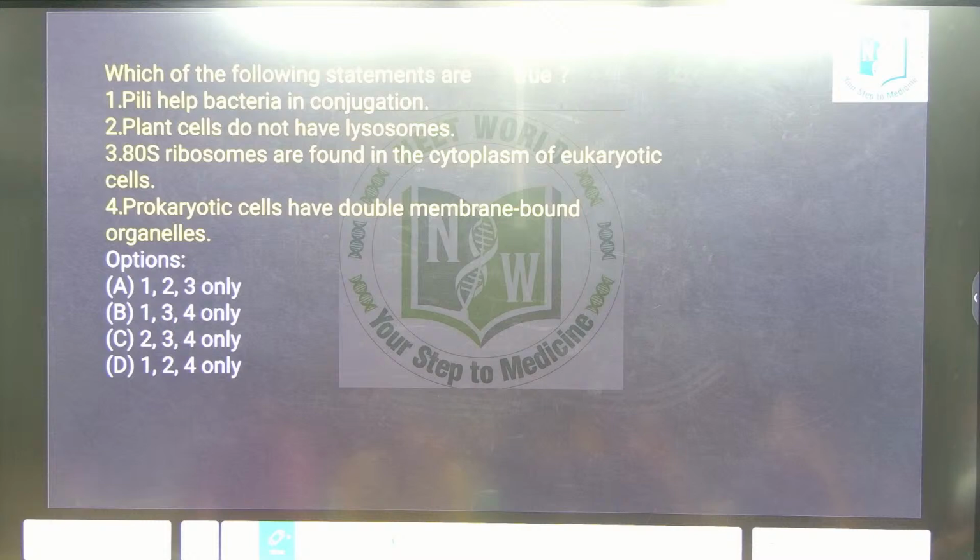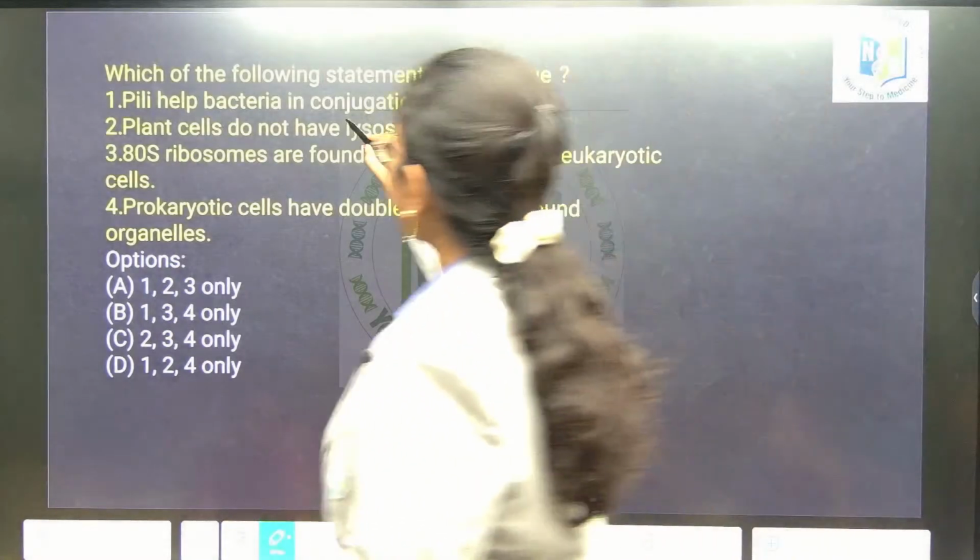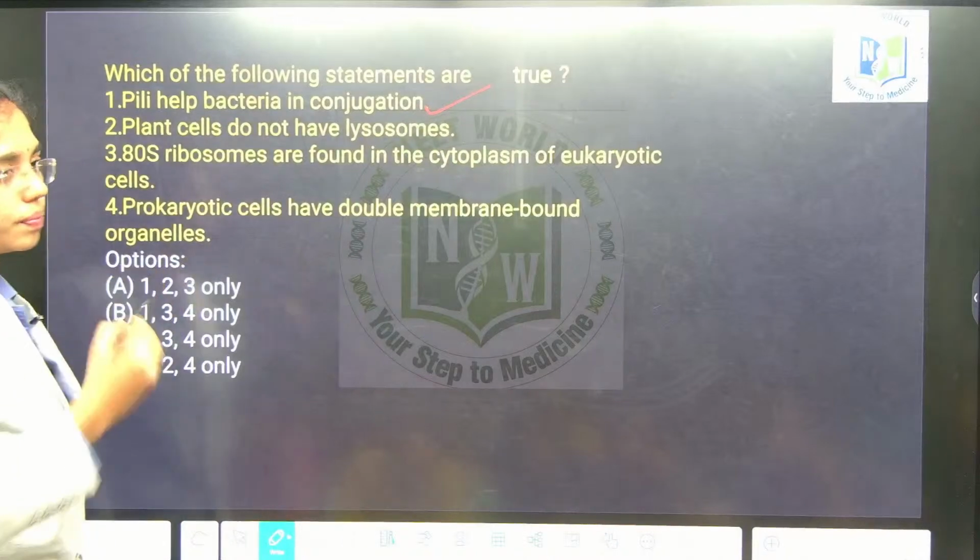Simple, see and answer, applied. Be louder and say what is the right answer. Pili in bacteria help in conjugation, yes or no? Yes.